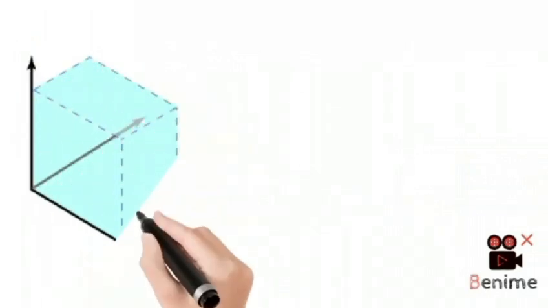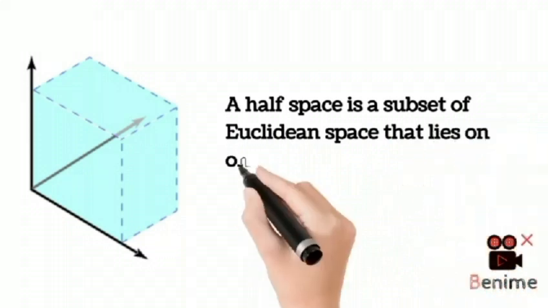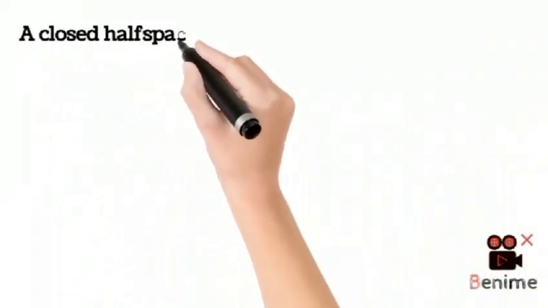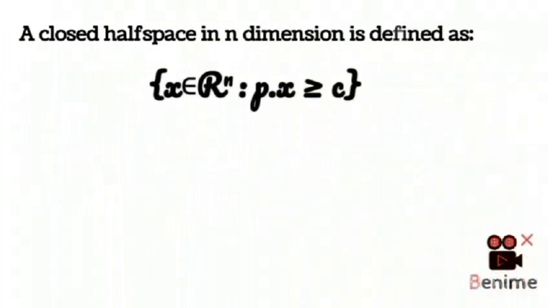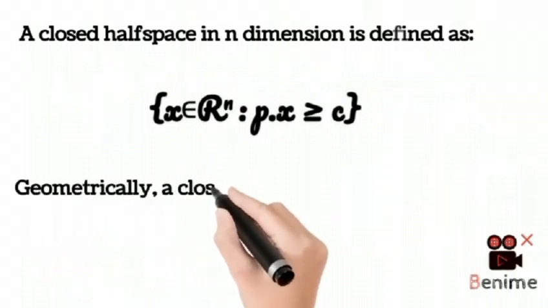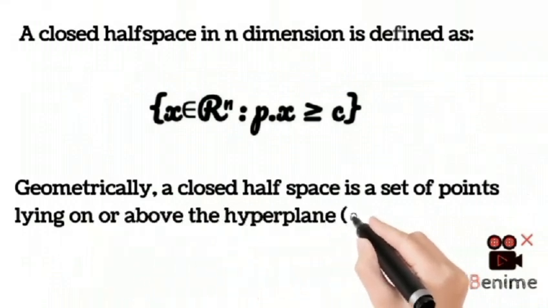Now let's talk about half space. A half space is a subset of Euclidean space that lies on one side of a hyperplane. A closed half space in R^n is defined as {x belongs to R^n such that p·x ≥ c}. Geometrically, a closed half space is a set of points lying on or above the hyperplane.